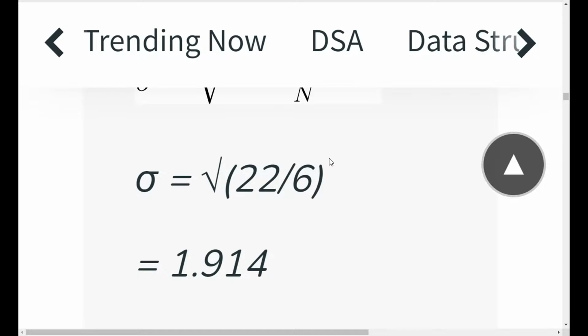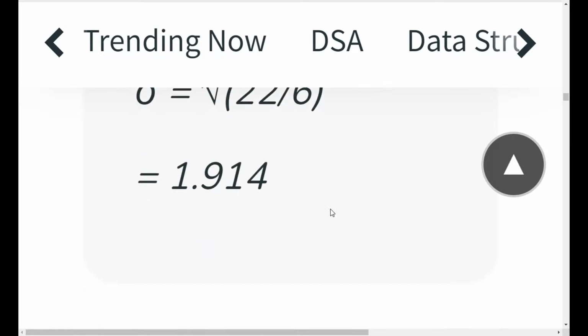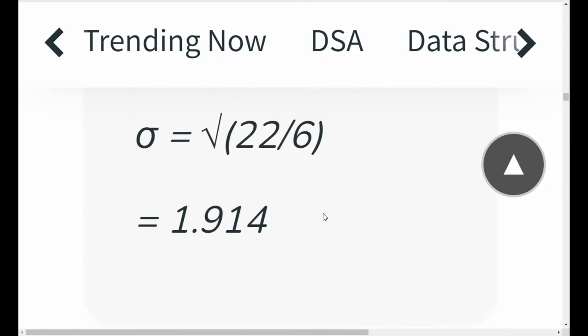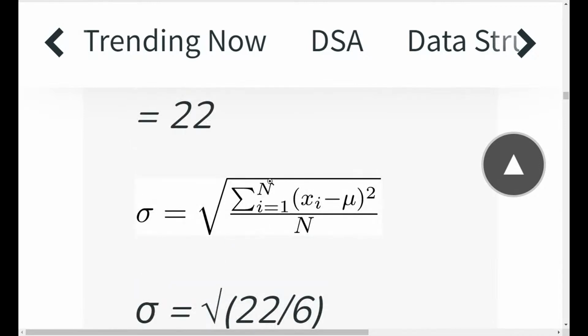So the answer is 1.914. All right. I hope all of you have understood the formula and the bits and pieces of the formula.